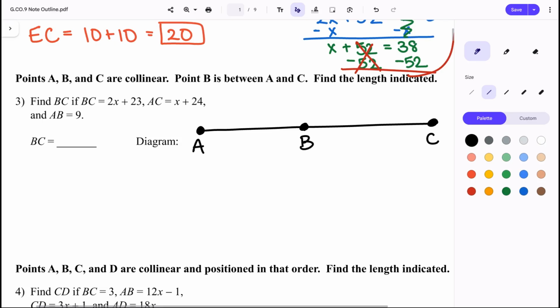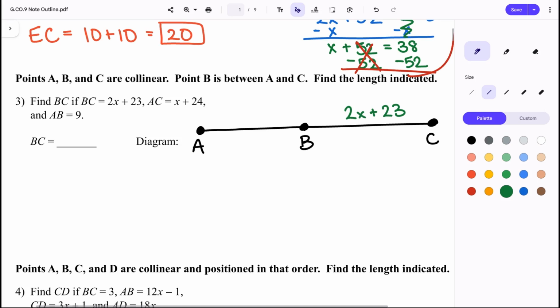Okay. Now underneath it here, they give me some information, and I need to take this and put it into my line segment. So it wants me to figure out how long BC is if that segment BC is represented by 2x plus 23 and A to C is x plus 24.